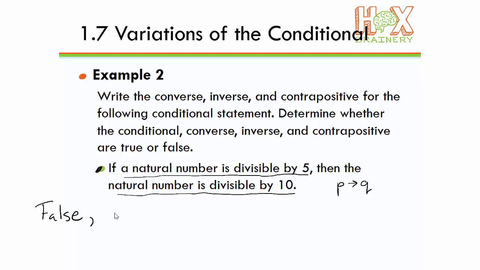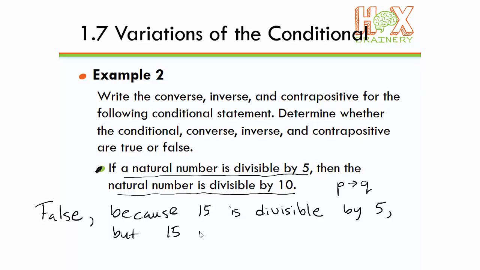This is not true. And this is because the number 15, for example, is divisible by 5, right? We know we can divide 15 by 5. But 15 is not divisible by 10. You can't divide 15 evenly by 10.